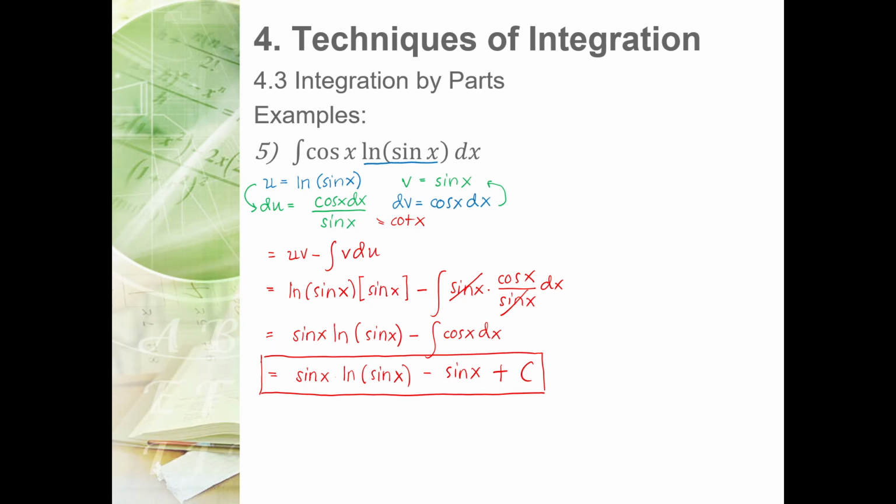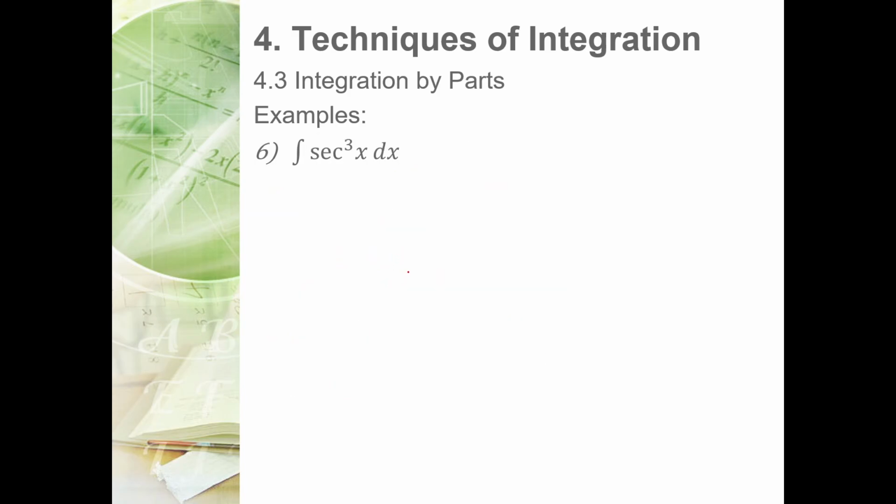Okay, so let's proceed. This one is skipped because it is another topic, an advanced topic. So let's try to solve number 7. So u and then dv.